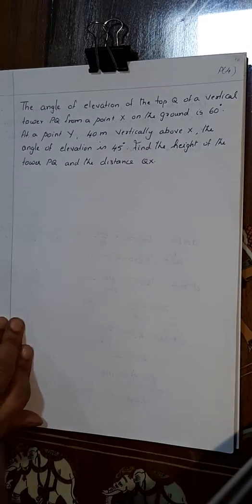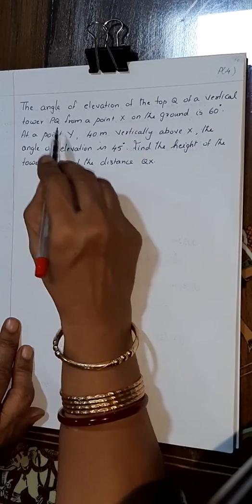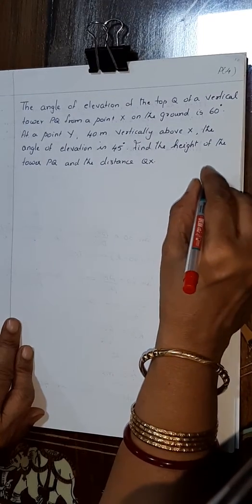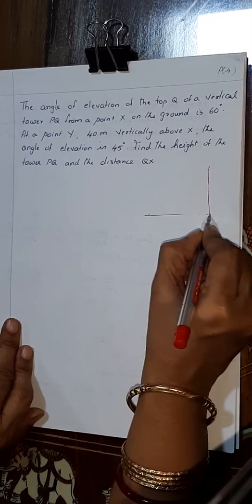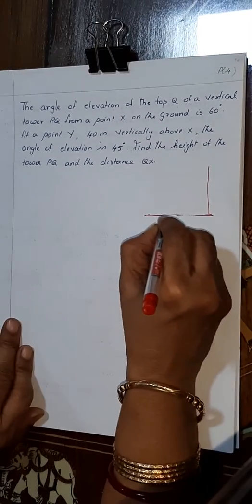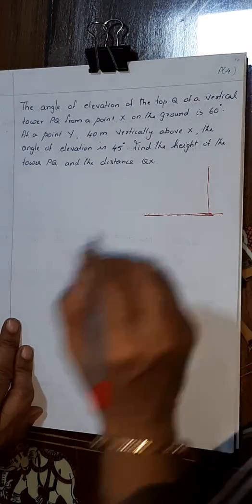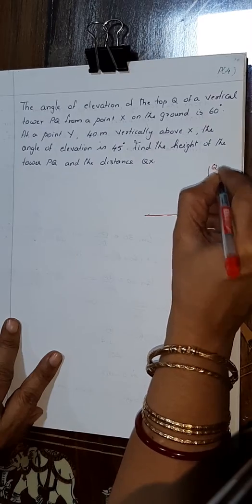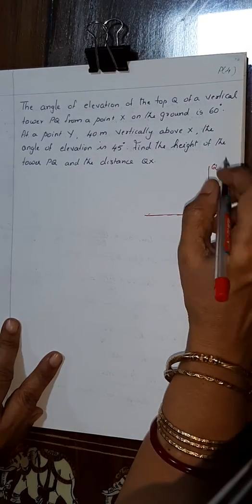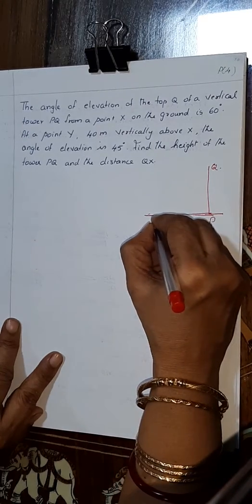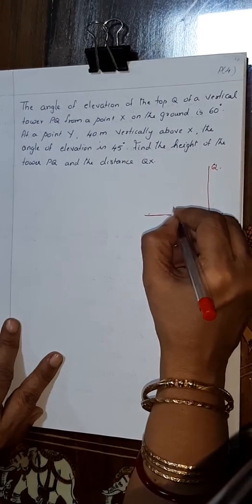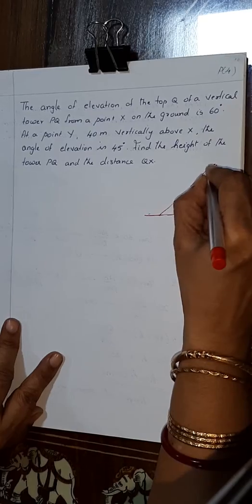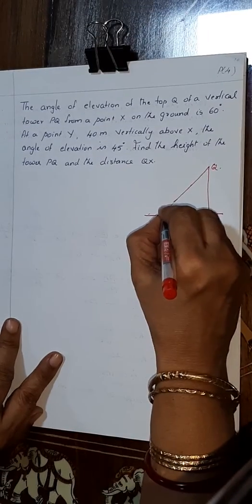The angle of elevation of the top Q of a vertical tower PQ from a point X on the ground is 60 degrees.